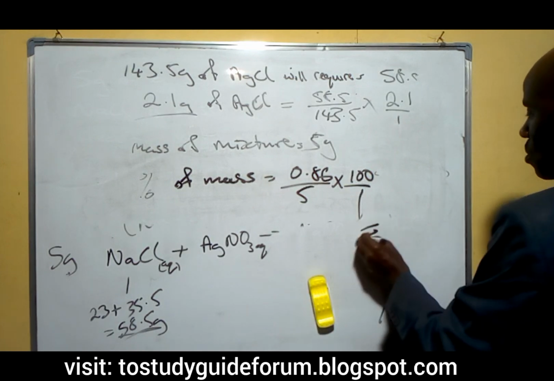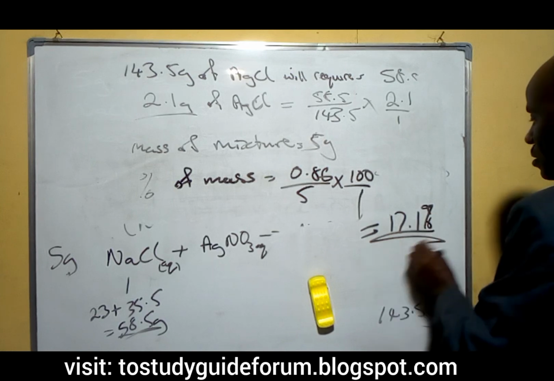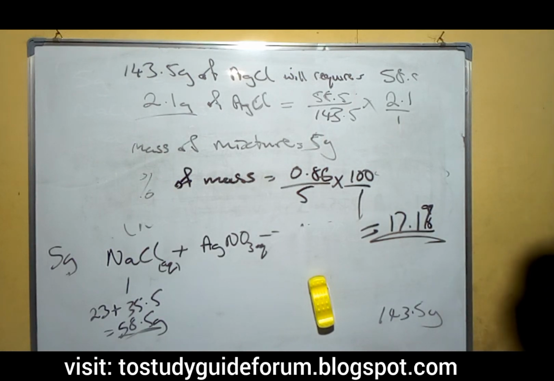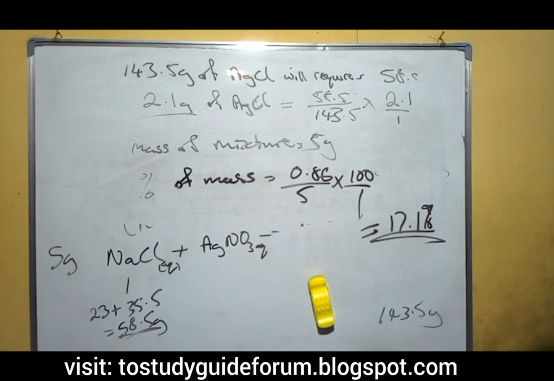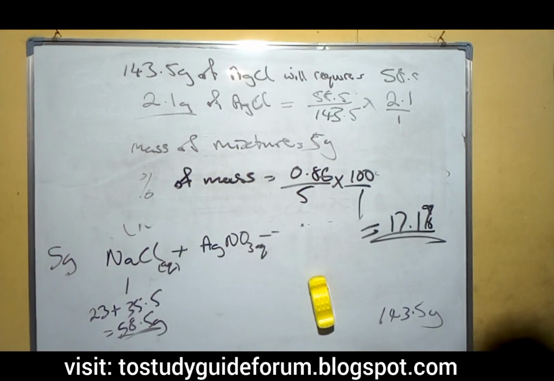So we'll have 17.1%. That is the percentage of the mixture. 17.1% of the mixture gave us that silver chloride that we have.